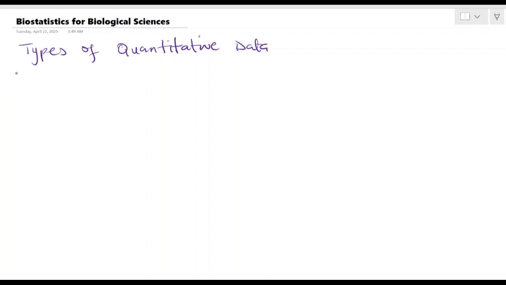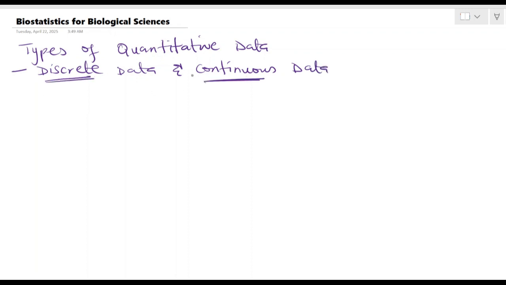There are majorly two types: discrete data and continuous data. Those are the two basic types of quantitative data there is.